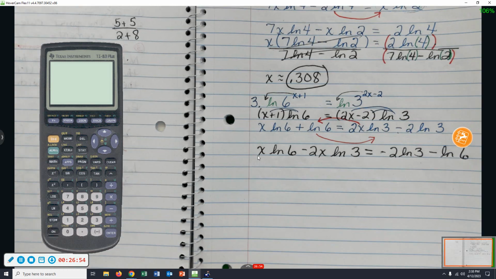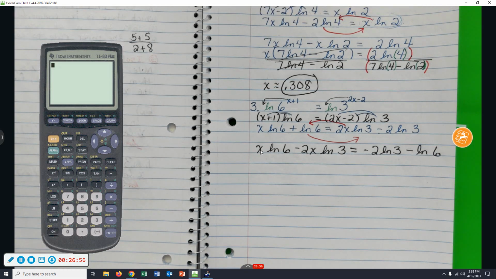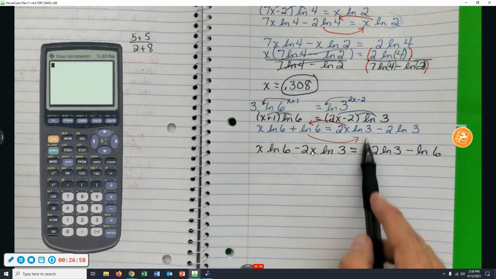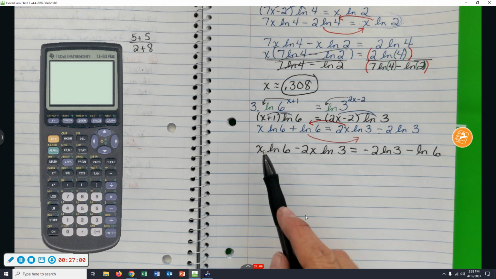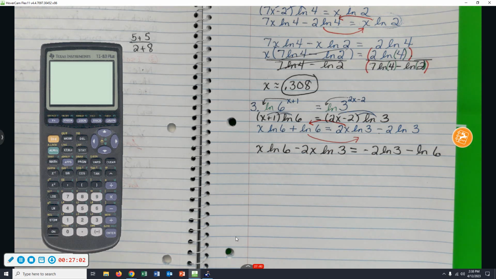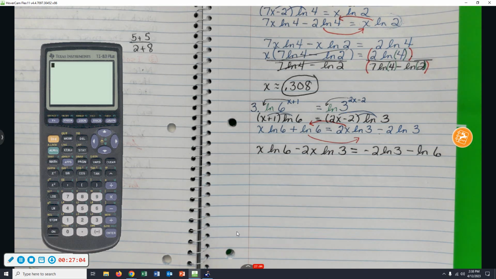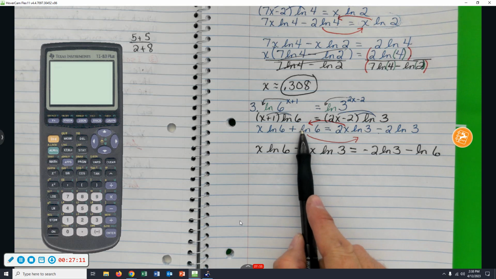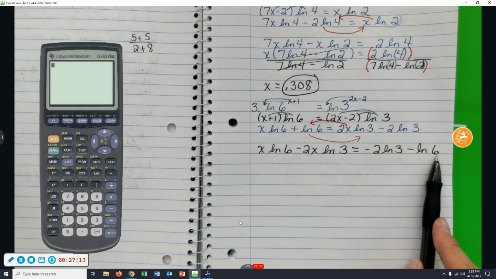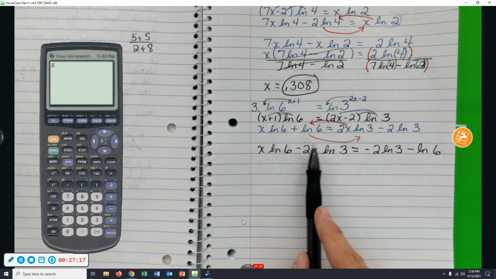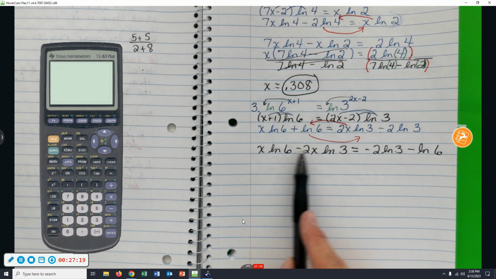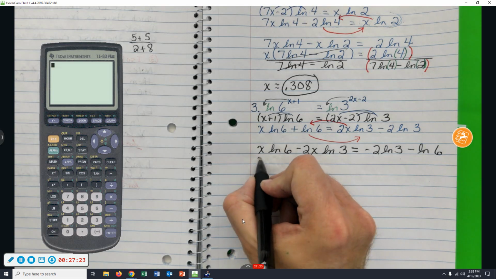Now hold up. I'll move the x terms around. If there's 2x terms, you put them both on the left side. Every term that doesn't have an x should be on the right. That's why I subtracted the ln 6. And at this point, we need to go from 2 x's down to 1. Factor that x out.